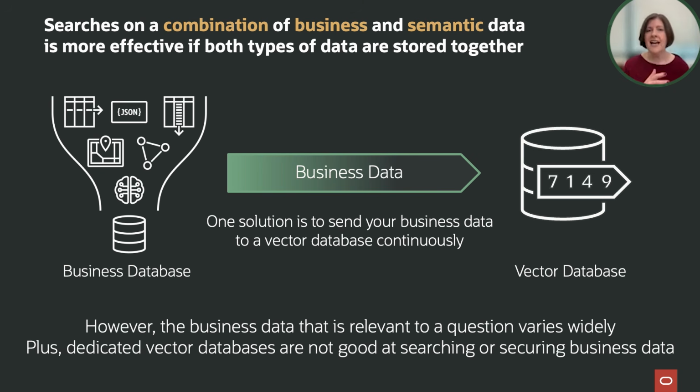Problem number one, what business data do I need to ship over to the new vector database? Unless you know exactly the questions the users are going to ask, the volume of business data that I'm going to need to move over there could be quite large. And that can also be a security issue if I'm moving sensitive data around in the network. It does open up additional security vector issues with that.